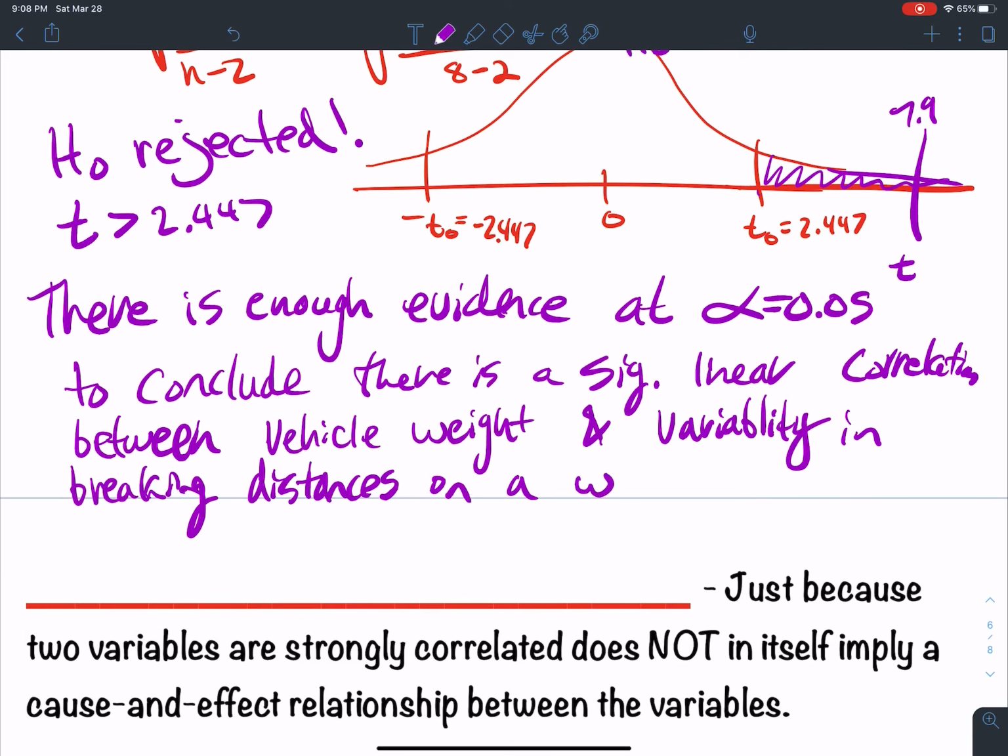On a wet surface. Okay, so if you ever get in a wreck and police ask you how fast you were going, you might as well tell them the truth, because they have computer programs developed by statisticians who inputted lots of data. They measure the skid marks on the road, say about 25 feet, and that means this car that weighed X amount was going between 75 and 85 miles an hour.